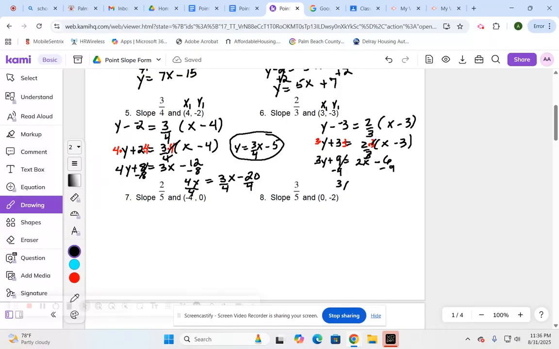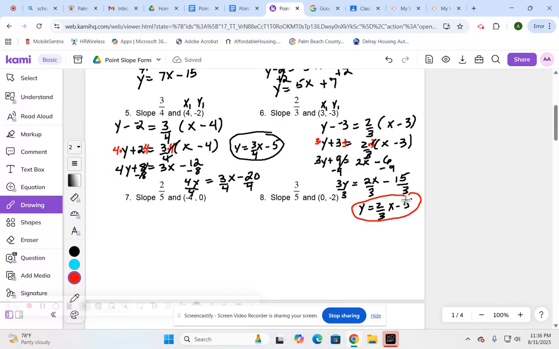We'll have 3y equals 2x minus 15. And then we'll divide through by 3 to solve for y. So we're going to get y equals 2/3 x minus 5. And that is our answer right here.